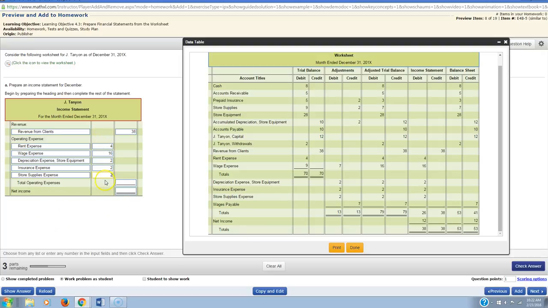Okay, then we have to add and get the total operating expenses, which we know is the same as this column here. 4, 16, 2, 2, and 2 equals 26, the same as the total that you see on the worksheet income statement debit column. So again, we'll take the revenue minus the expense.